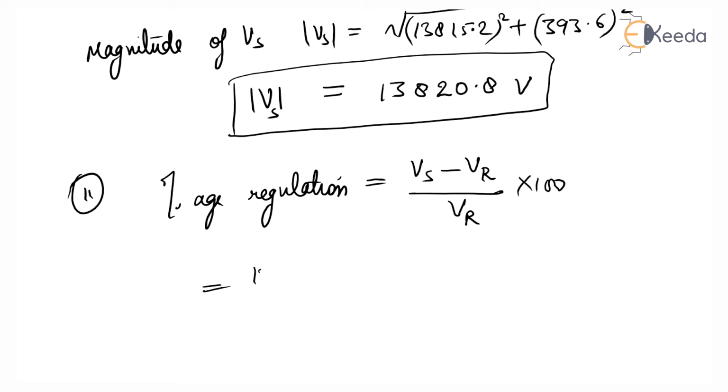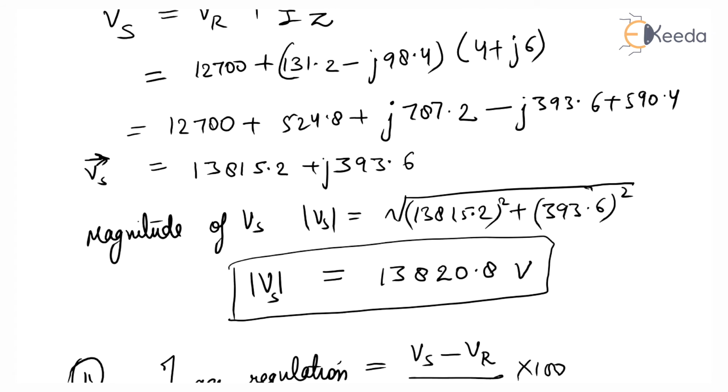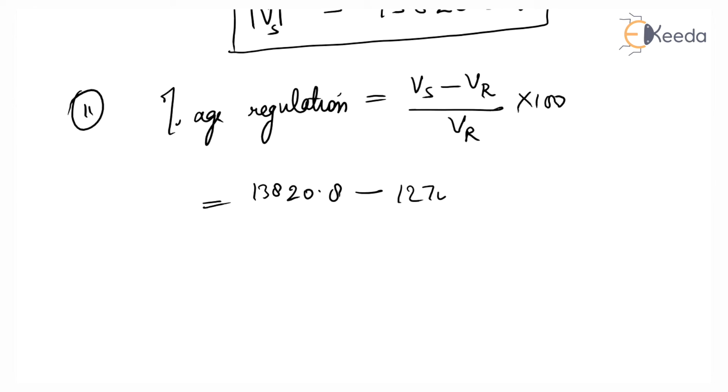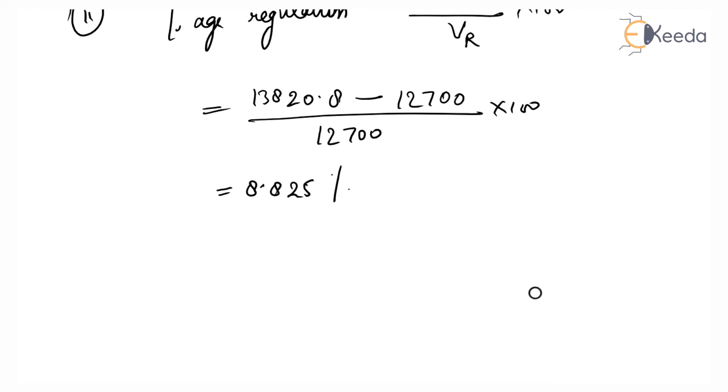So Vs is equals to 13820.8 minus Vr is equals to 12700, upon 12700 into 100. This is a direct formula for the percentage regulation. We just need to put the value of Vs and Vr. So this is equals to 8.825 percentage.